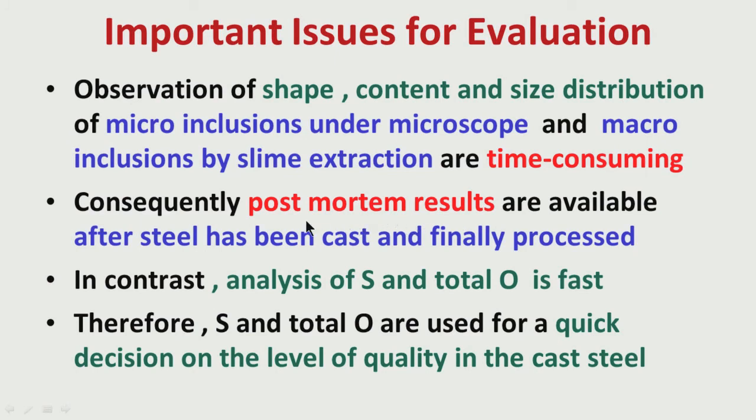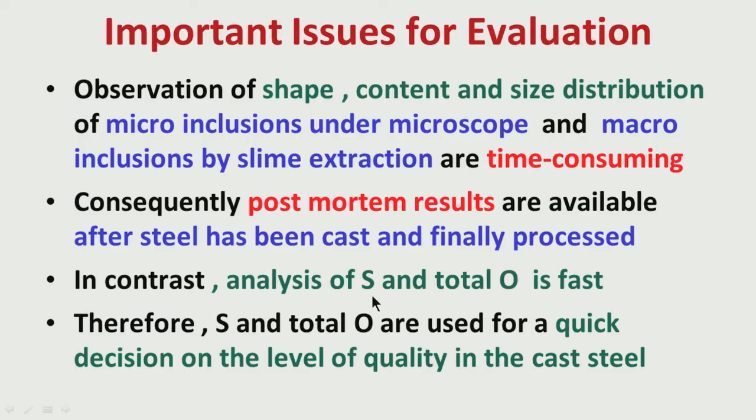So, it is basically a sort of post-mortem analysis. That means after the steel has been made, processed, and made into a product, we are trying to get the information. Because this is a time-taking process, we do not know, when the steel is under refining, casting or rolling, we do not get these results.